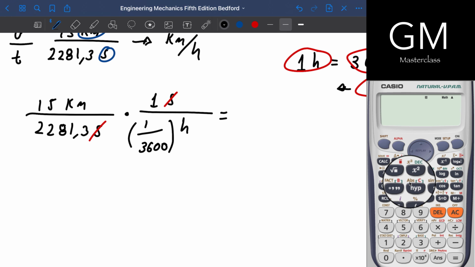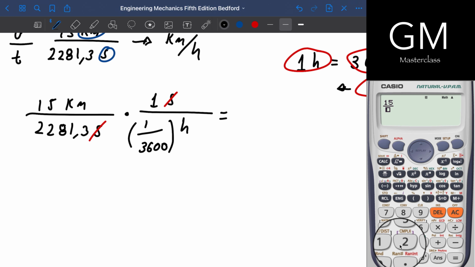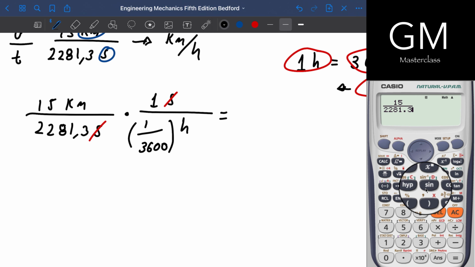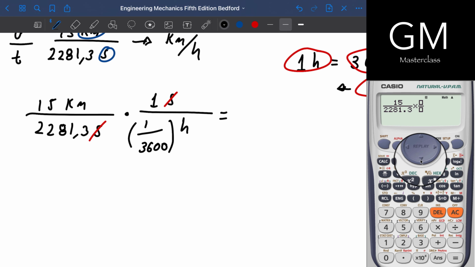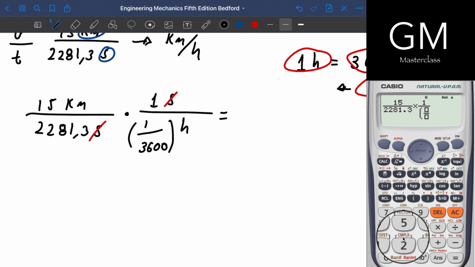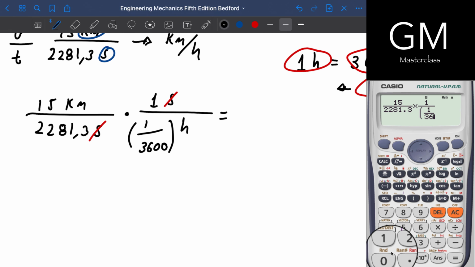So 15 divided by 2,281.3 and multiply that by 1 divided by 3,600.